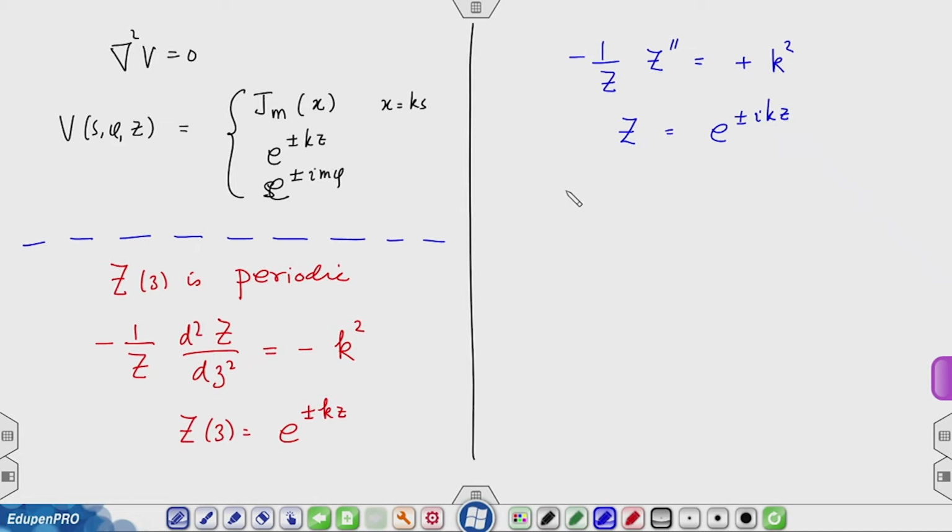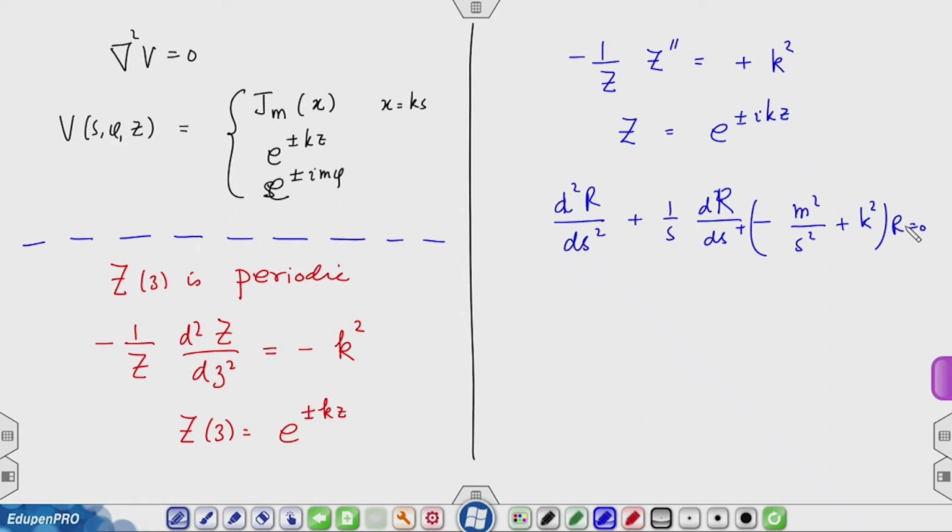and therefore, this equation that we had d2R over ds square plus 1 over s dR over ds plus (k square minus m square over s square) R equals 0.